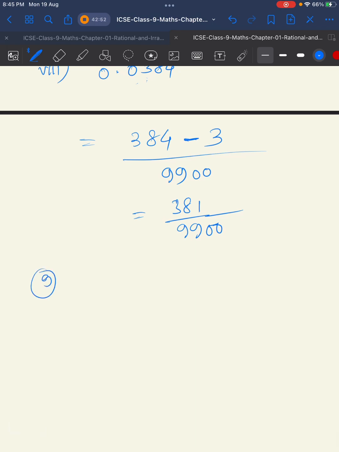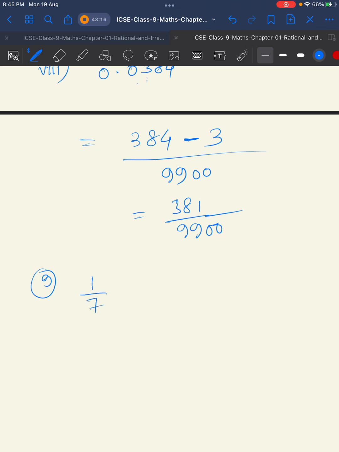Now question number 9. Find the decimal representation of 1/7 and 2/7. Deduce from the decimal representation of 1/7, without actual calculation, the decimal representation of 3/7, 4/7, 5/7 and 6/7.